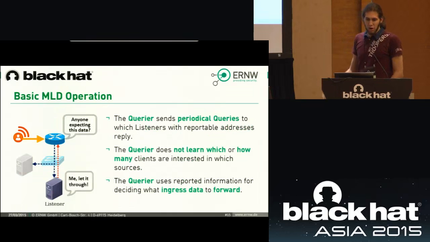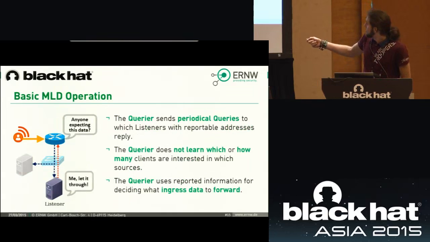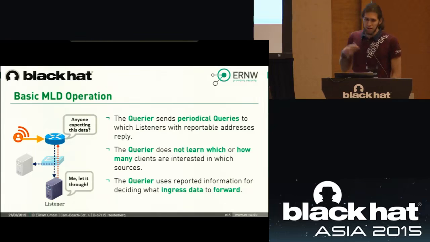So basic MLD operation is we have our router, which is called the querier, and he will announce, hey, if there's any listener in my network infrastructure, please contact me and tell me which multicast group you want to join.